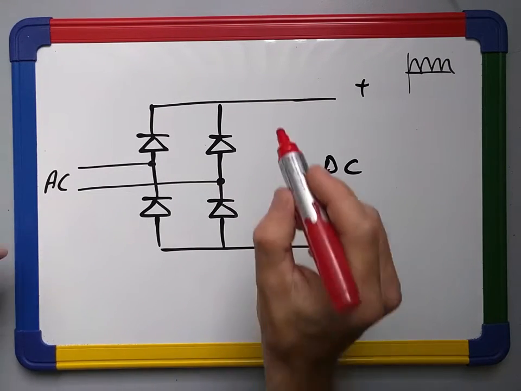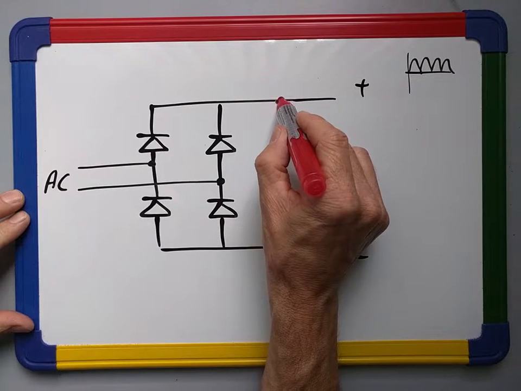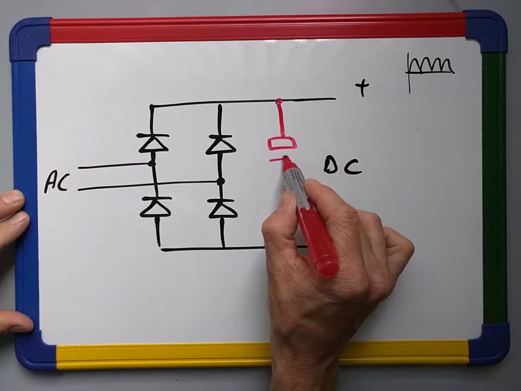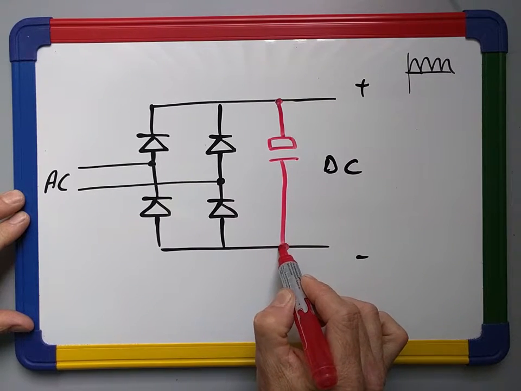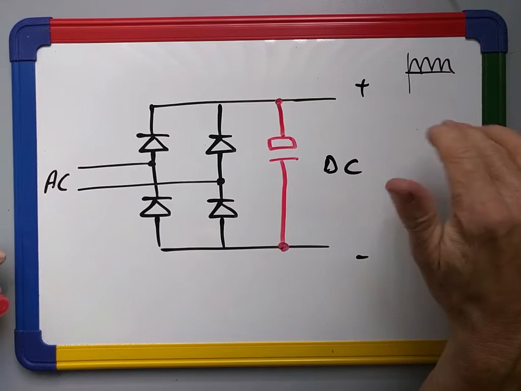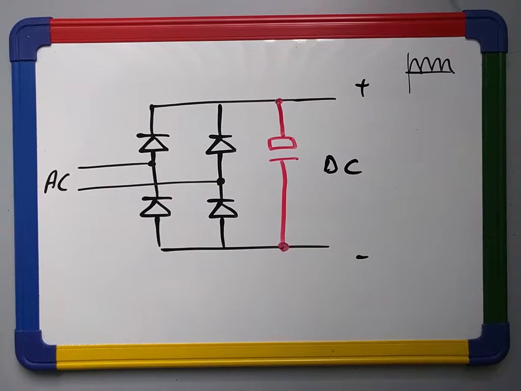And in order to get rid of that and make it completely smooth, such as you would get from a battery supply, we need to put a capacitor in here, and that capacitor acts to smooth out these bumps and give us a nice smooth DC out.